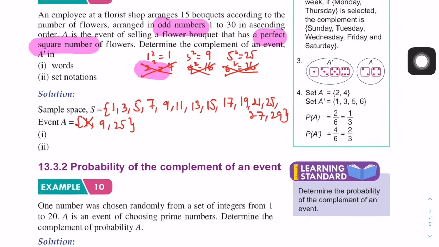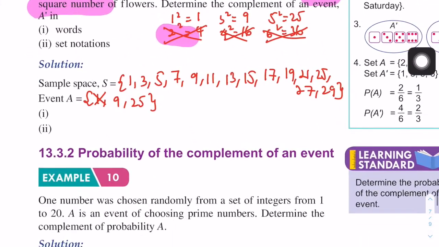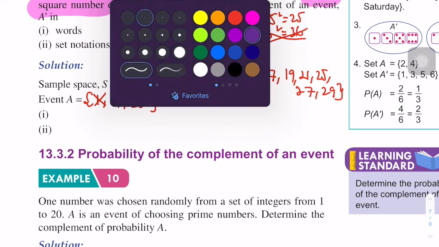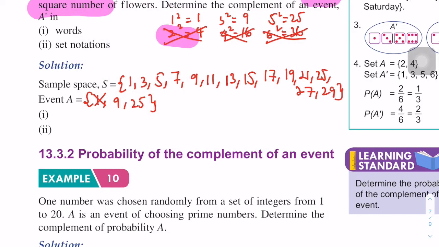So how can we conclude our answer in words? A prime is the event of a number which is not a perfect square.